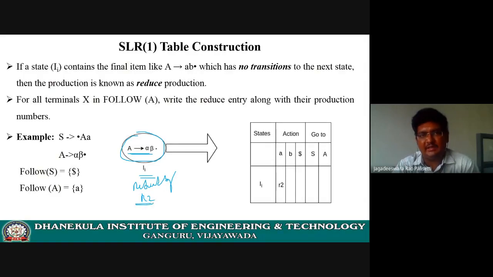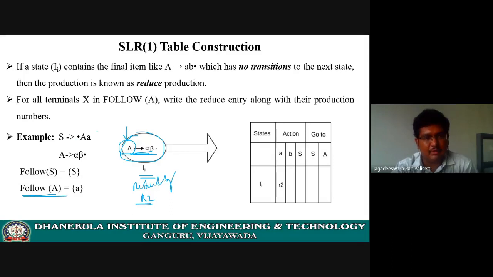In order to decide that, we need to compute the follow function for the non-terminal we have at the LHS of the production rule, the production rule we have in the reduced state. Whatever non-terminal we have at the LHS, for that non-terminal compute the follow function.